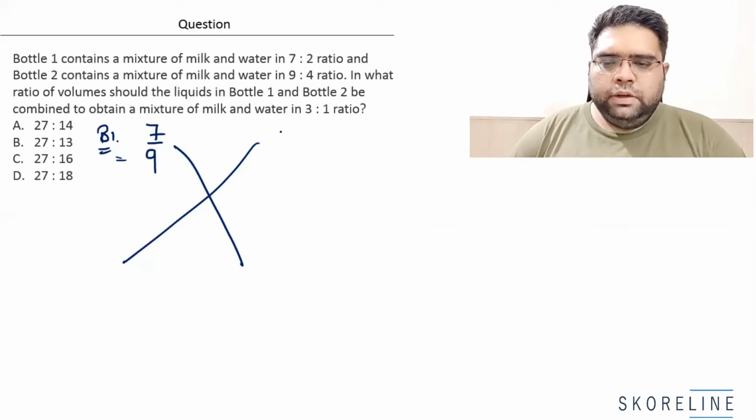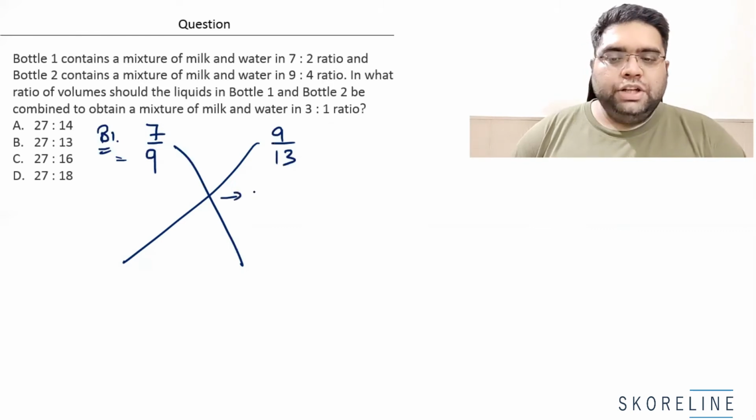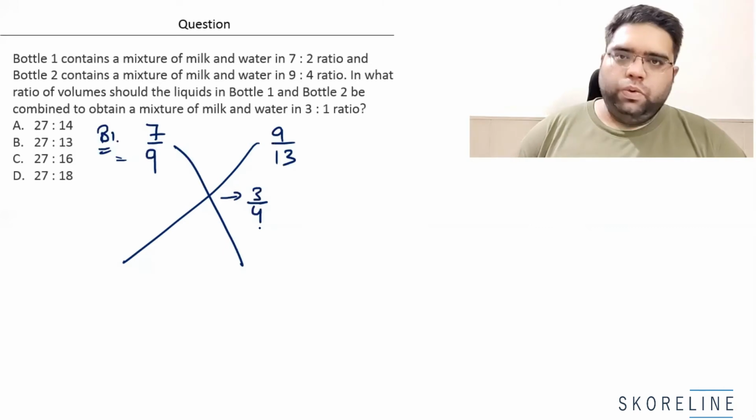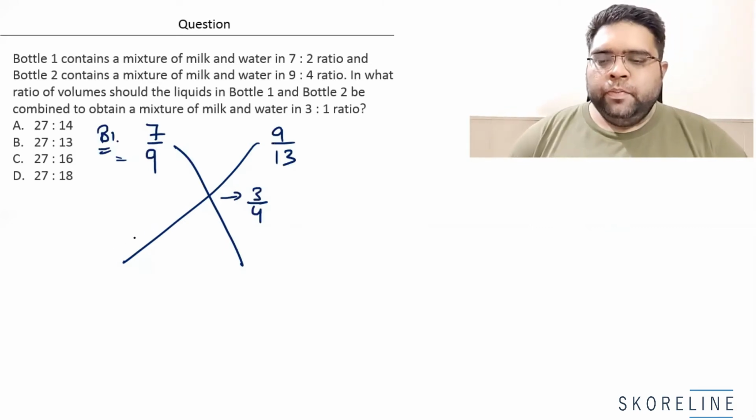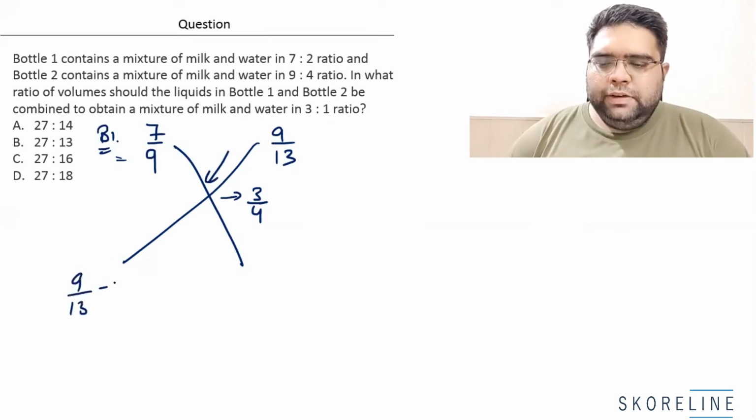This is 9/13, right? The final ratio that we need to reach is 3:1. So 3/4, right? Milk upon total. Now here subtract. Let's say I subtract 3/4 from 9/13.